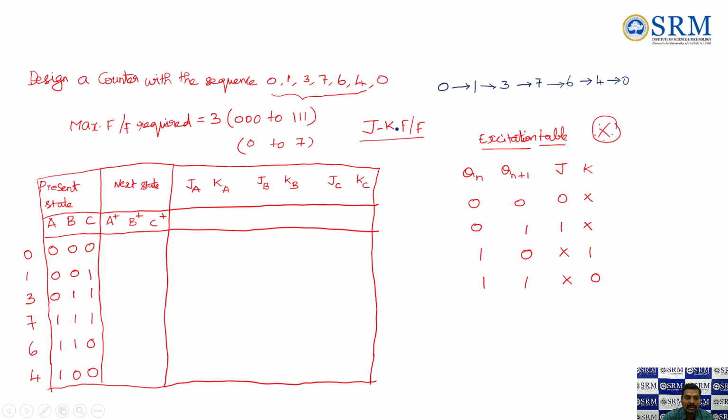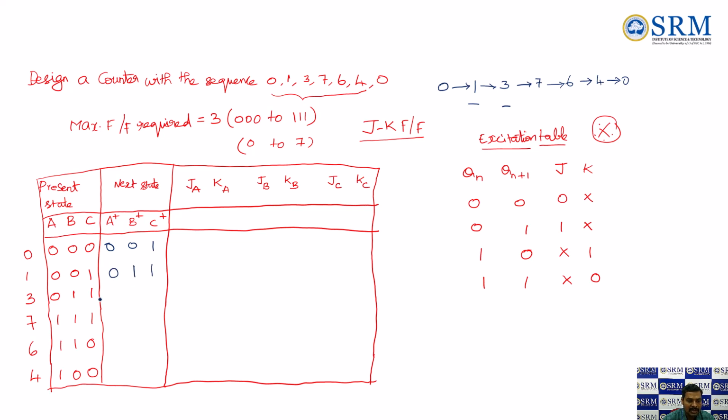So if 0 is the present state, then the next state is actually 1. So we have to write for 0, 0, 0 the next state 0, 0, 1. If 1 is the present state, then the next state is 3, so 0, 1, 1.